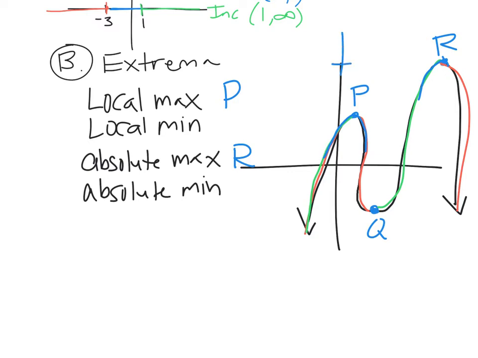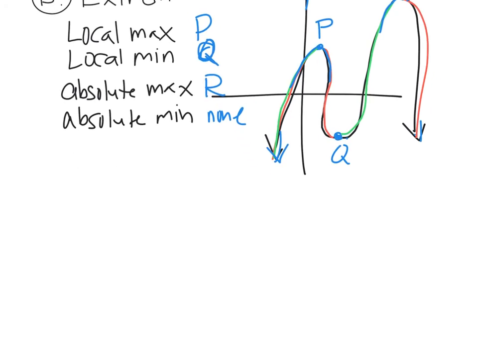This one has no absolute min, because the graph has arrows going down forever, so it'll go down to negative infinity. But Q is important. Q is a local min because in its neighborhood, it is the smallest point. Don't you like neighborhoods? Okay, so we'll just do one of these. We did these last year.